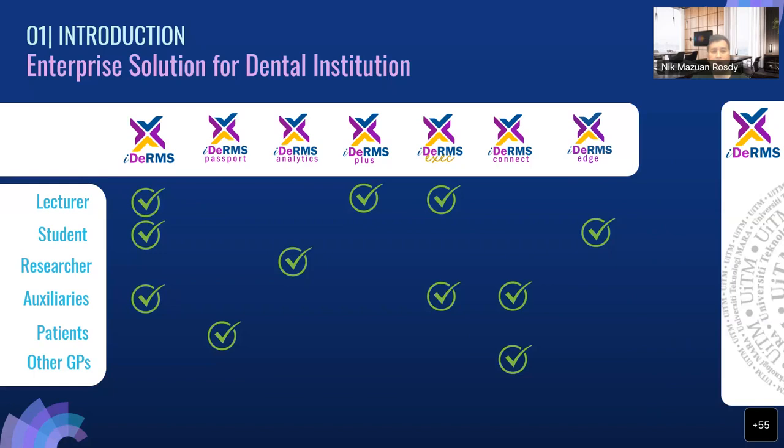Whereas iDeRMS Passport is only for patients, iDeRMS Analytics for researchers, iDeRMS Plus for lecturers, iDeRMS Executive for lecturers and auxiliaries, iDeRMS Connect for auxiliaries and also patients, and iDeRMS Edge only for students.